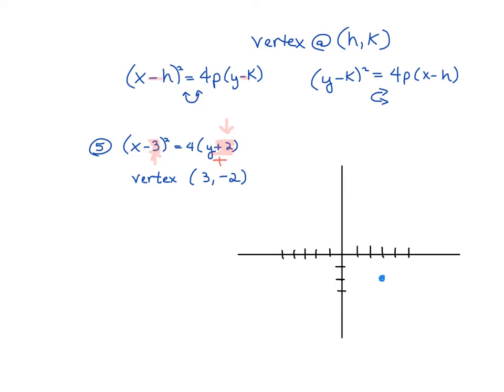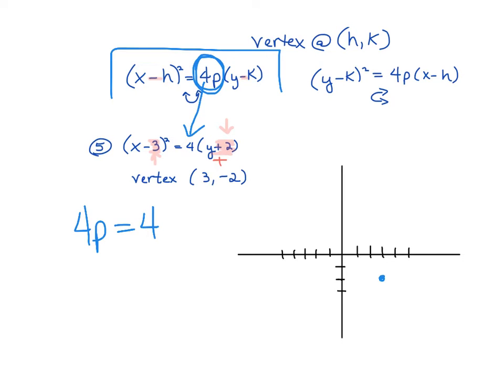Now, notice in this form of the equation, the number outside of the parenthesis is going to be your 4p. So you can see right here in this problem, my 4p equals 4. So I still need to find p.